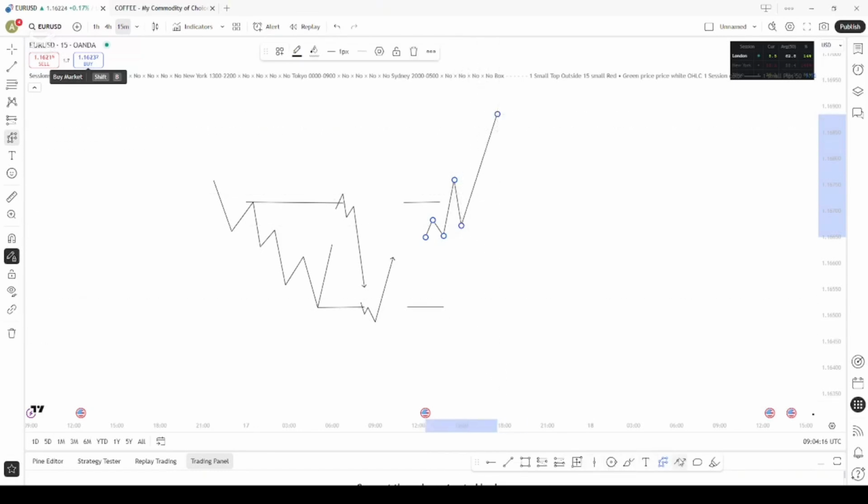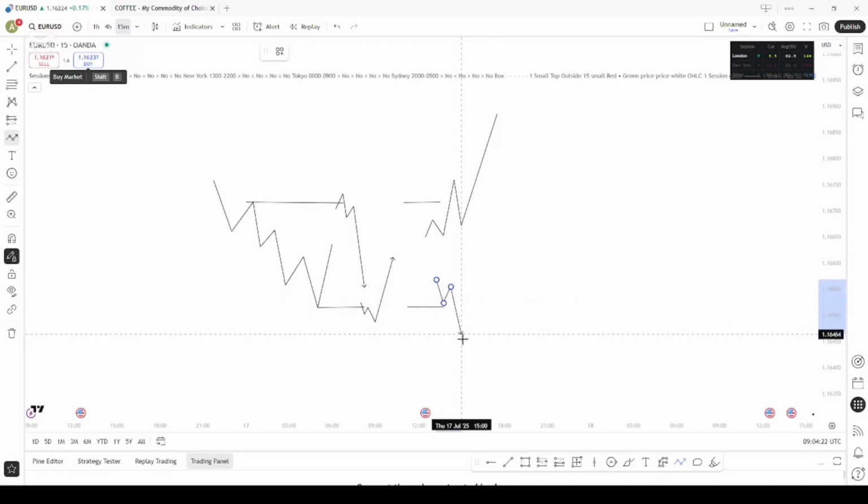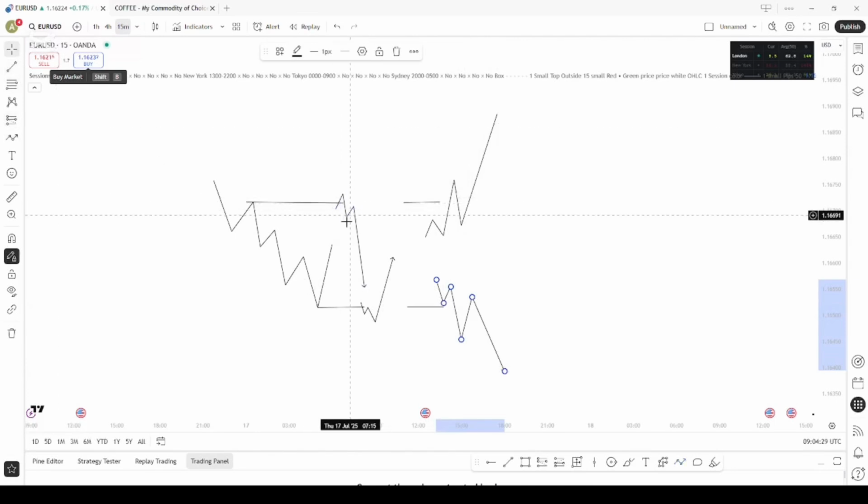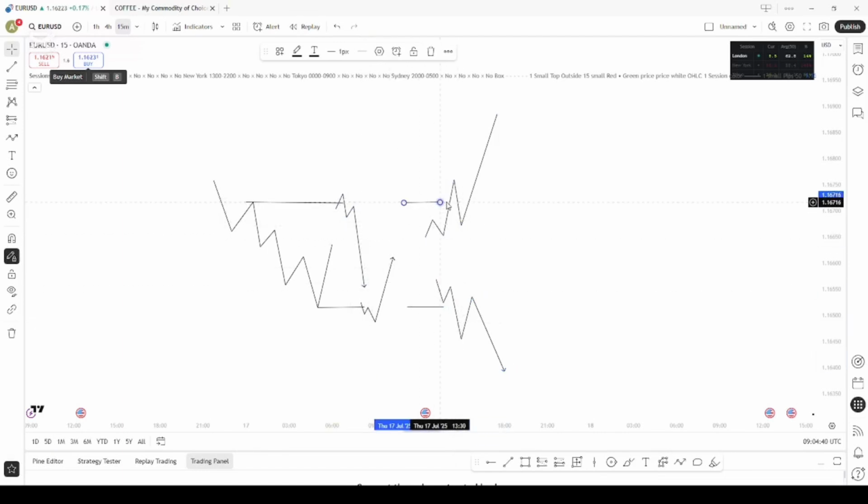Or else here, price comes, plays around, it breaks, it comes, then it goes. So these are two scenarios that normally happen. This is when price reverses at our trend, either on the bull side or the bear side, or here it continues either on the bull side or the bearish side.